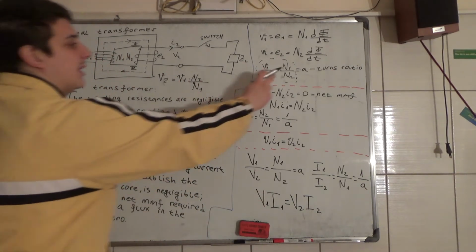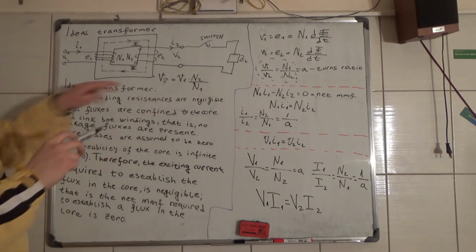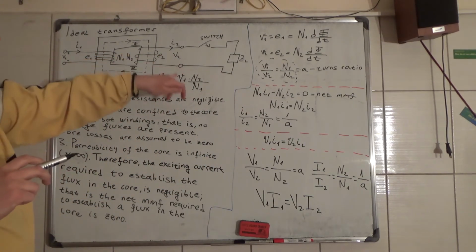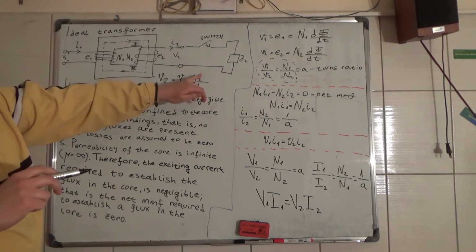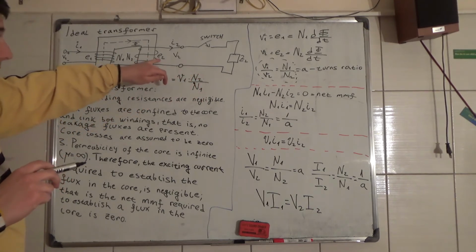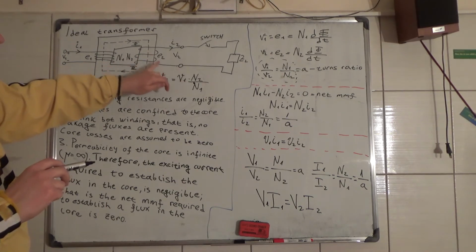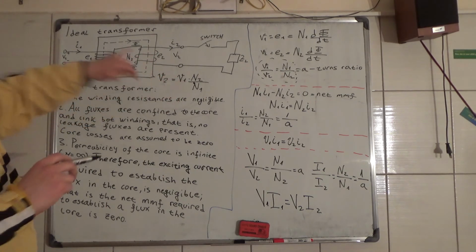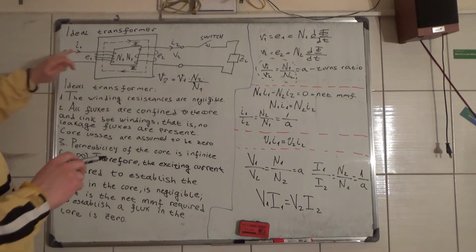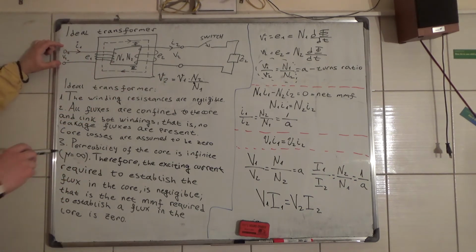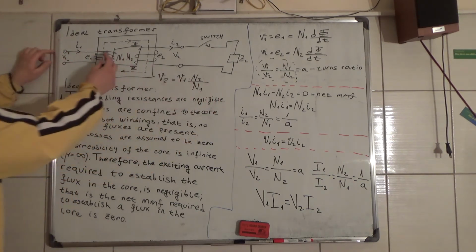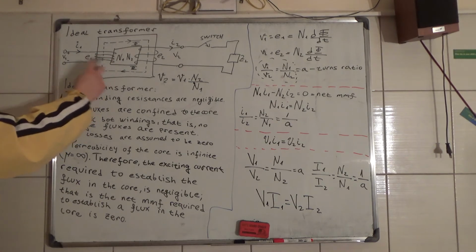Looking at this equation, you can see that the voltage is directly proportional to the number of windings on the secondary times the supply voltage on the primary divided by the number of turns on the primary.